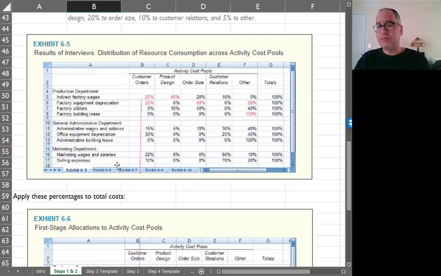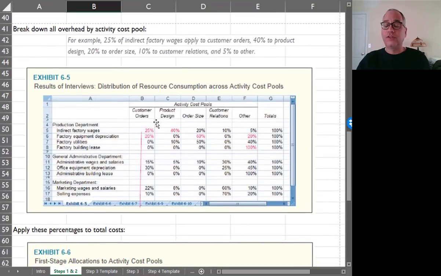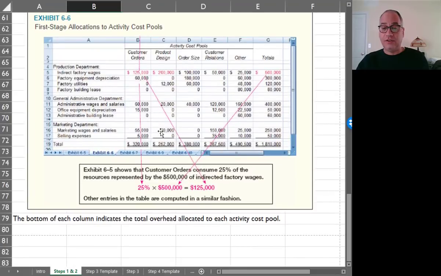So they've taken each department and broken it down in percentages, and this is just a logical way to go about figuring out how you're going to split up your overhead into the overhead cost pools. Someone went to every department and came up with these allocations, and then allocated the costs in this way.